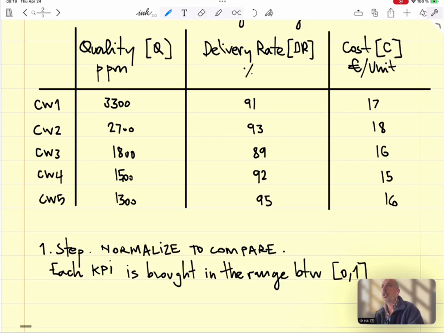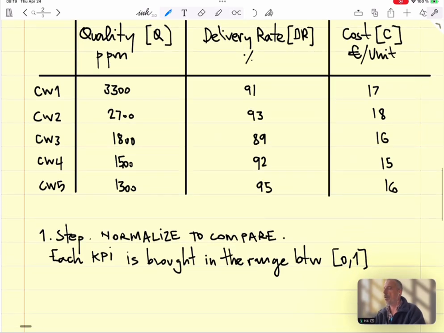Each column. Because right now we have apples, oranges, watermelon, banana, and so on. Different things that we cannot compare. And because we want to put them all together in one picture, we need to make them comparable. For that, we bring them together in an interval of 0 and 1.